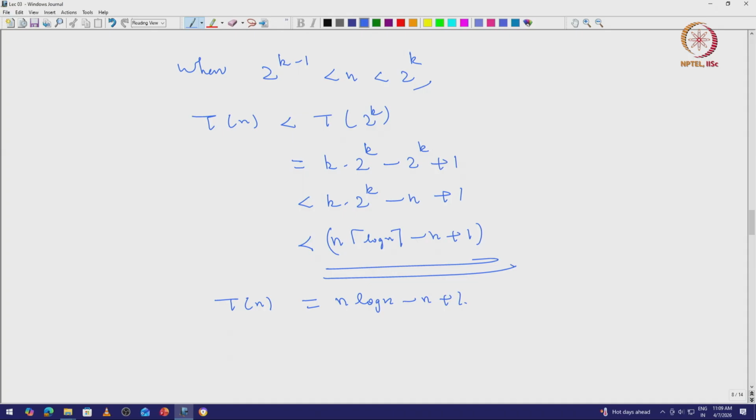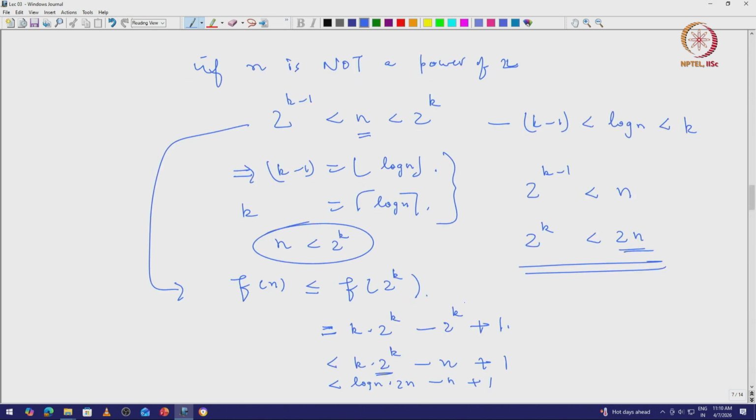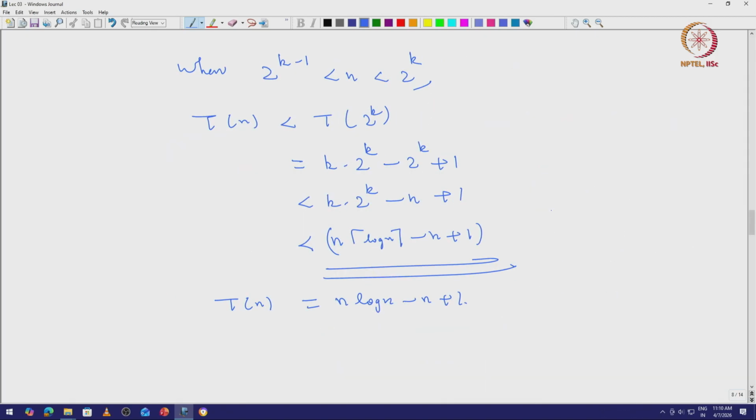2 power k is less than 2n. I am sorry, there was a minor error: 2 power k is less than 2n. So, I have to replace 2 power k by 2n. My apologies, I have to rewrite this.